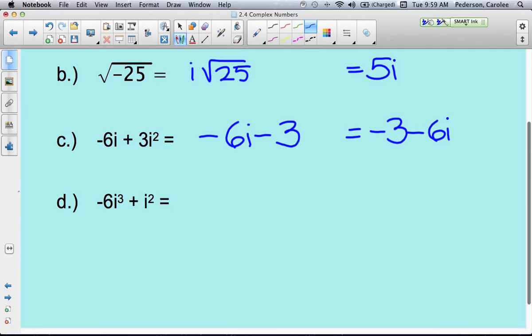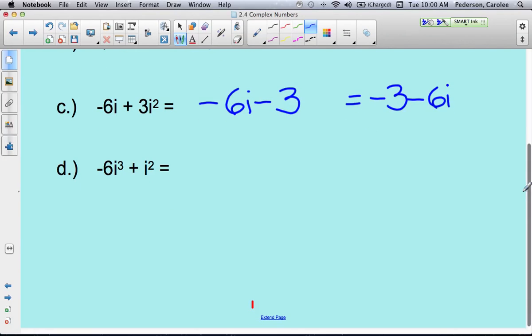Question D has an i cubed. It's either you memorize the pattern or break down i cubed into lower powers. How can I break it down into lower powers? That might help me. Can I go i squared times i?